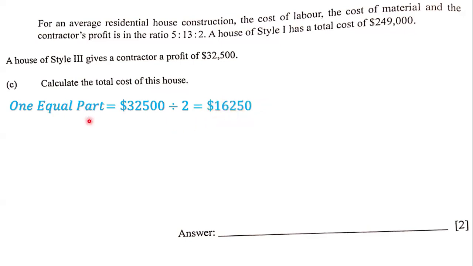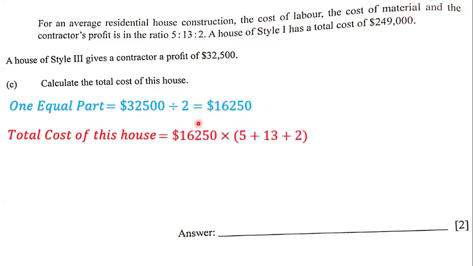Now that we know what is one equal part, we need to figure out the total cost of the house. And the total cost of the house is going to be one equal part multiplied by the sum of our equal parts. And so it's going to be 5 plus 13 plus 2, right? And what is that? That's going to give us 20.